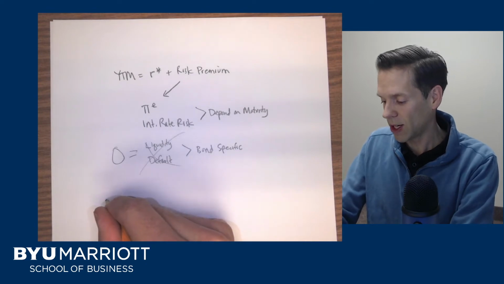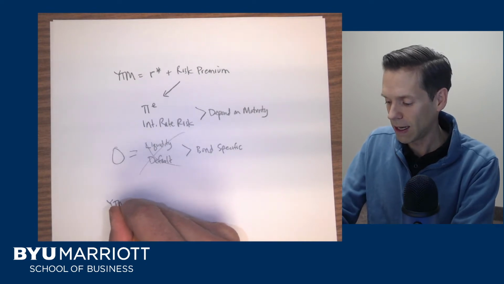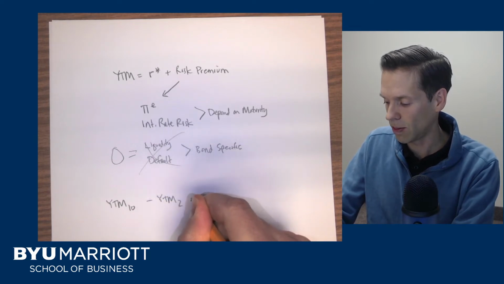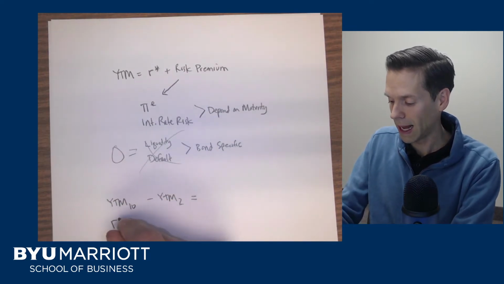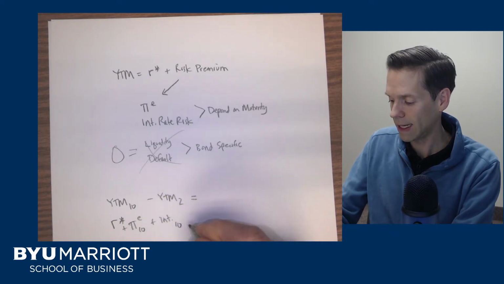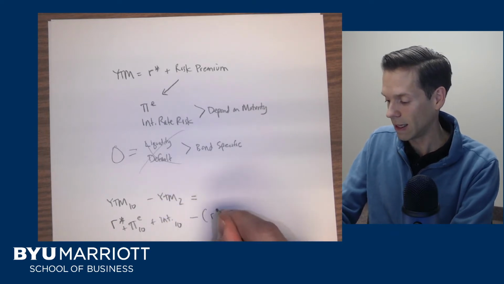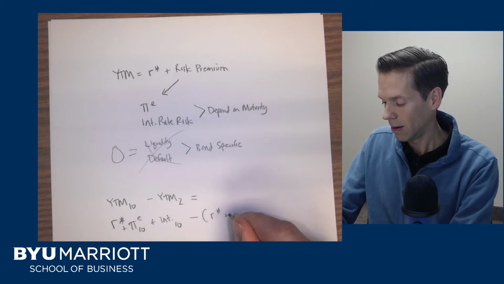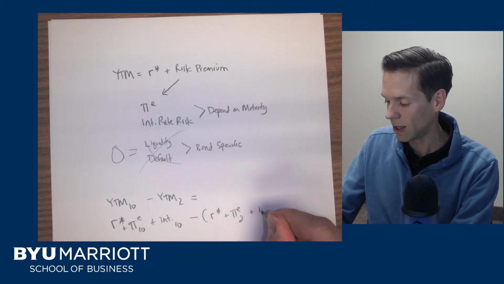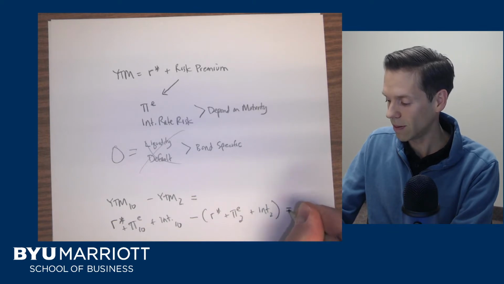Suppose we're taking a treasury and we've got the yield to maturity from a 10-year bond minus the yield to maturity on a 2-year bond. Well, if we write that out, it's a risk-free rate plus expected inflation over 10 years plus interest rate risk over 10 years, minus the risk-free rate, the expected inflation over 2 years, the interest rate risk over 2 years.